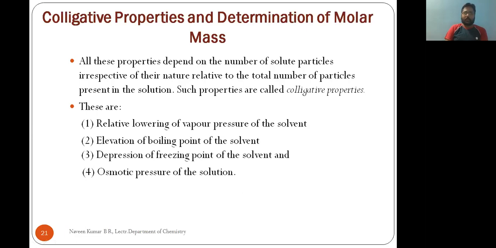The number of non-volatile solute particles present is determining these properties, as we will prove with the equation. You can observe the definition clearly: the number of solute particles, irrespective of nature, relative to the total number of particles present in the solution. The total number of particles includes solute and solvent together. Simple to remember: the properties depend only on the number of solute particles but not on their nature.